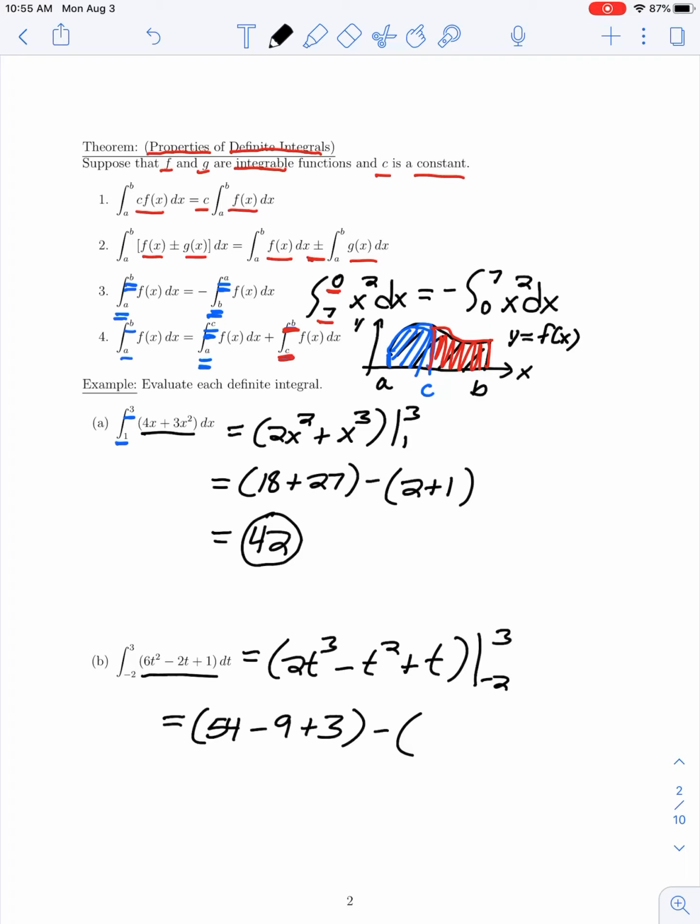So evaluating at -2, we have -2 cubed, which would be -8, times 2, so -16, then minus a negative 2 squared, which is 4, and then plus a negative 2. So let's see what we're left with. Combining all of our constants, we are left with a value of 70.